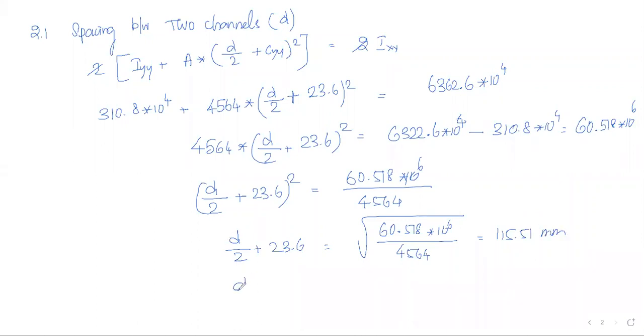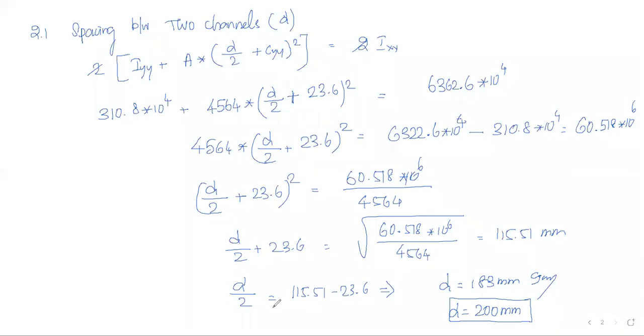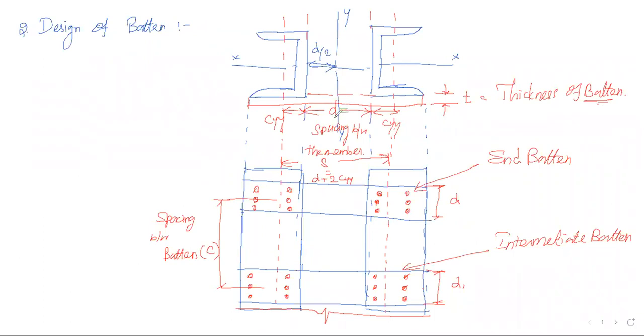Here d by 2 is equal to this 115.51 minus 23.6. Therefore d is equal to 2 into that value. It becomes around 183 mm. Say the spacing between those two members is equal to 200 mm. So the first step is over. Have you got this? The first step, d is equal to 200 mm, we got.